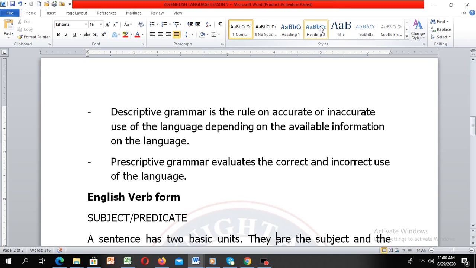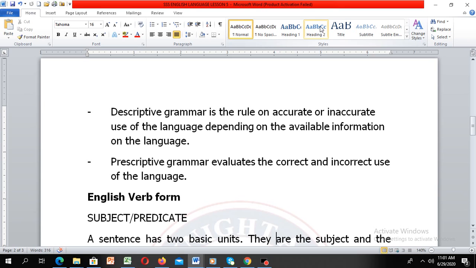So when we speak, sometimes we use inaccurate grammar, sometimes we use accurate grammar. So under descriptive grammar, we are able to see the rule on how to make use of accurate grammar and to avoid inaccurate grammar. Then let's see prescriptive grammar. Prescriptive grammar evaluates the correct and incorrect use of the language.